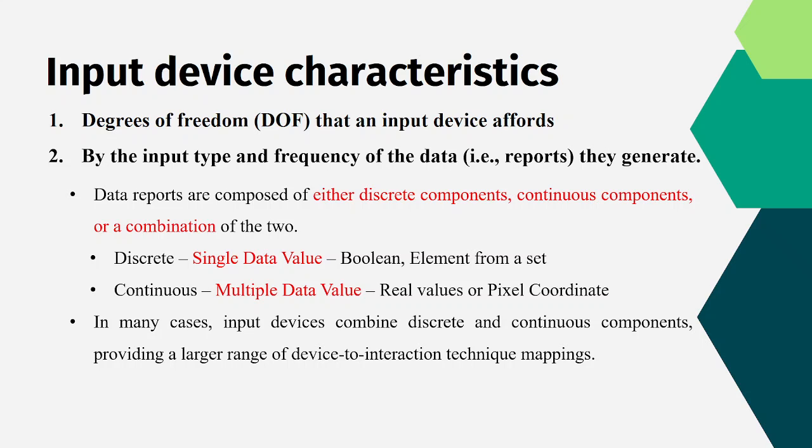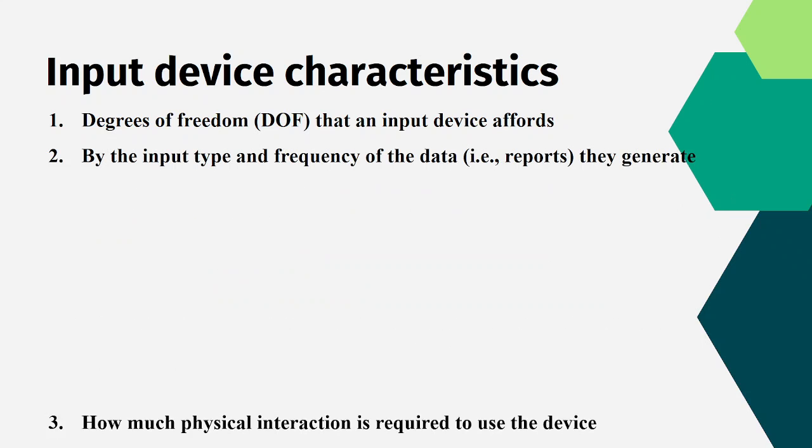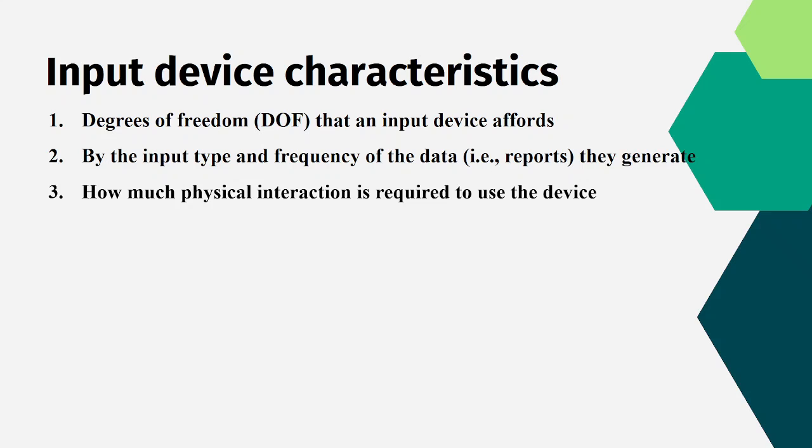In many cases, input devices can be a combination of discrete and continuous, which has its own benefits, providing a larger range of device to interaction technique mappings. So this is your second characteristic. The third one is how much physical interaction is required from a user to use that device.